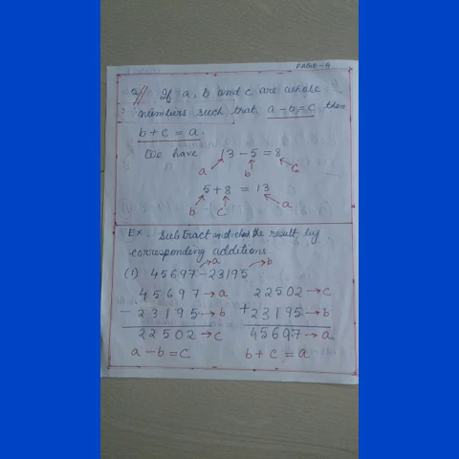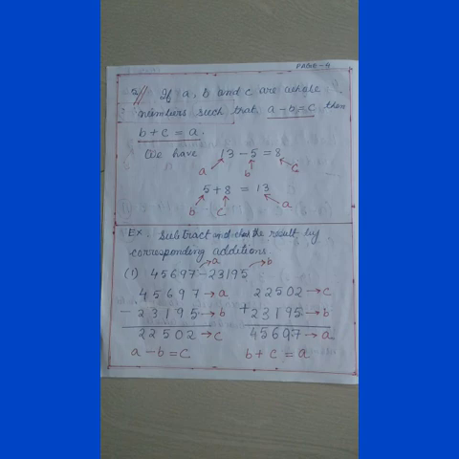Now A minus B will give 22,502. A minus B equal to C. C we have got 22,502. Now we have to check if we add B and C, is it equal to A? Now let us check.